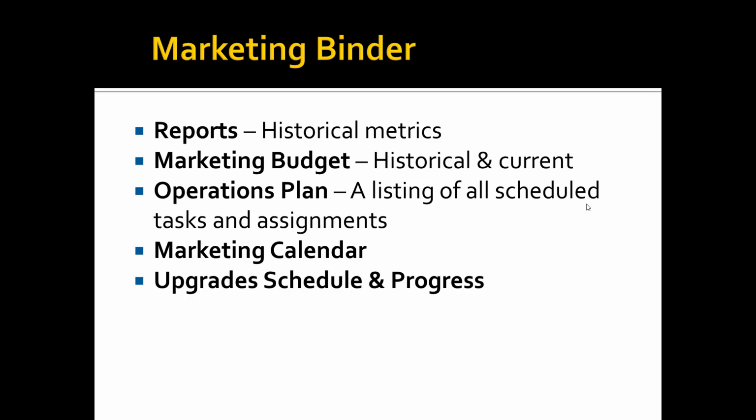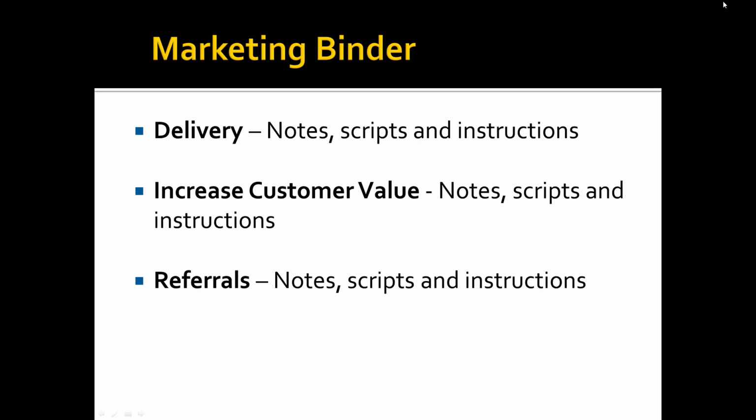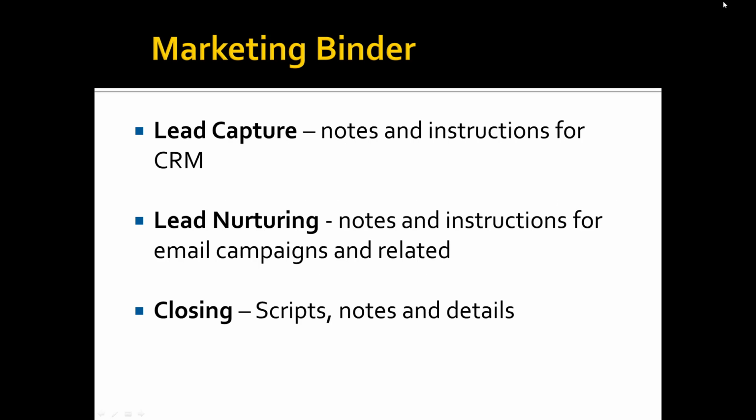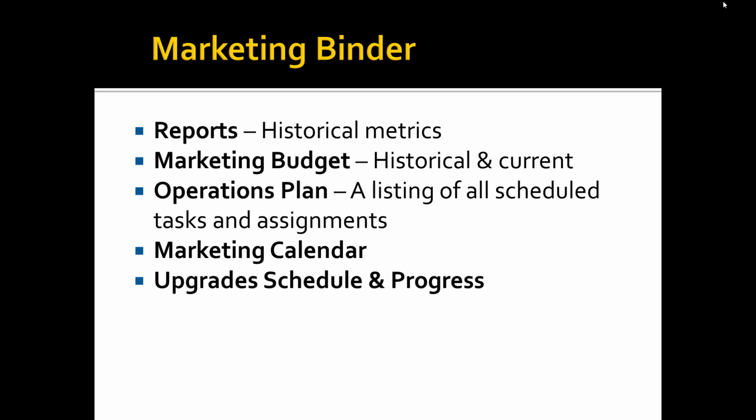Next, this is where we put your operations plan in, and this is a comprehensive list of every task that needs to happen around your marketing. And then you take each task, figure out who's going to do it, how often they do it, who they report to, and is there a budget involved?